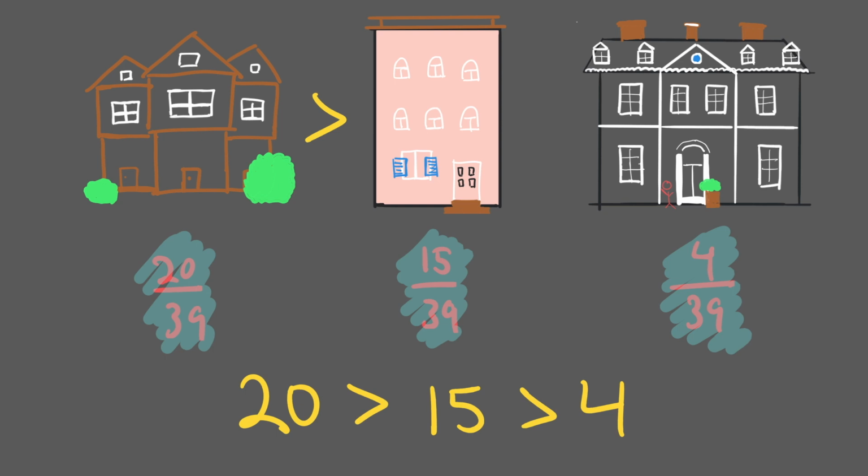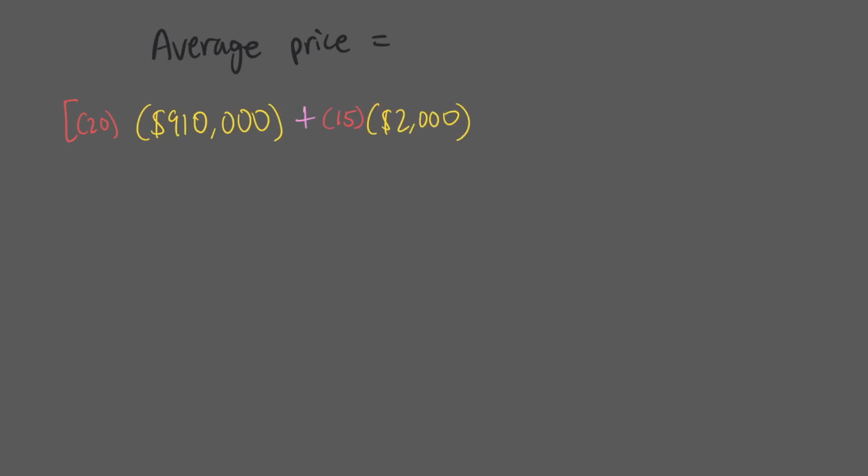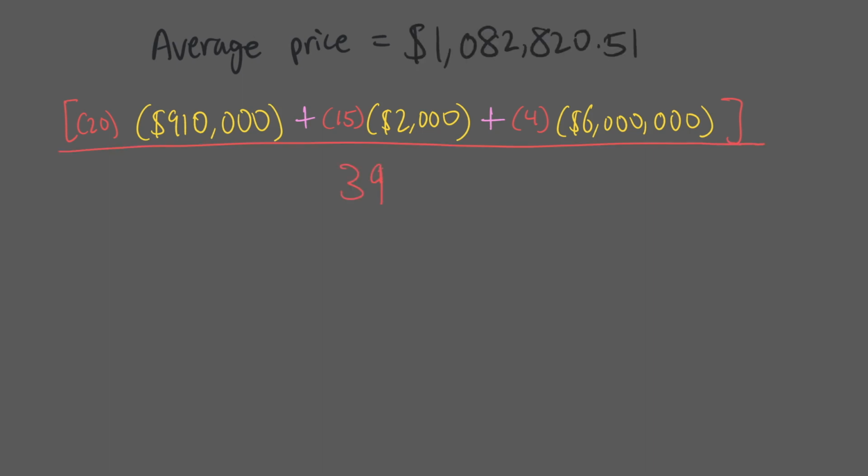Let's investigate our realtor scenario equation further to clarify what the weight in the weighted average equation is. First, let's write out our previous equation. The average price per property equals 20 times $910,000 plus 15 times $2,000 plus 4 times $6 million, and all of that divided by 39 equals $1,082,820.51. We can distribute the 39 to each term.